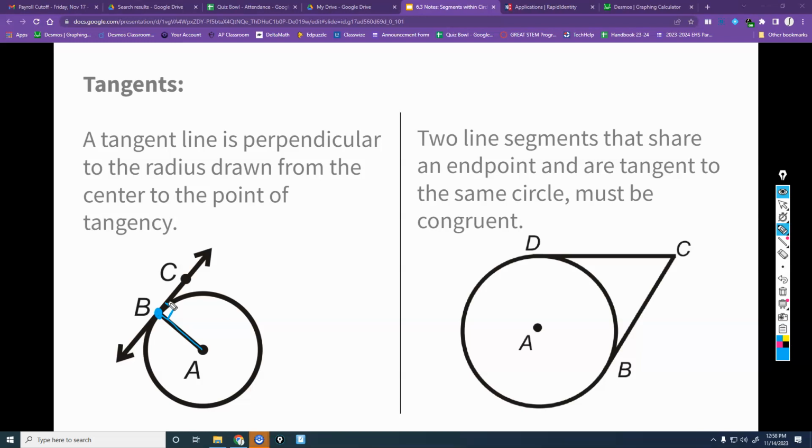Okay. It is also true, over here another property, two line segments that share an endpoint and are tangent to the same circle must be congruent. So if I have a tangent line right here and a tangent line right here, then these two tangent lines have to be equal to each other.